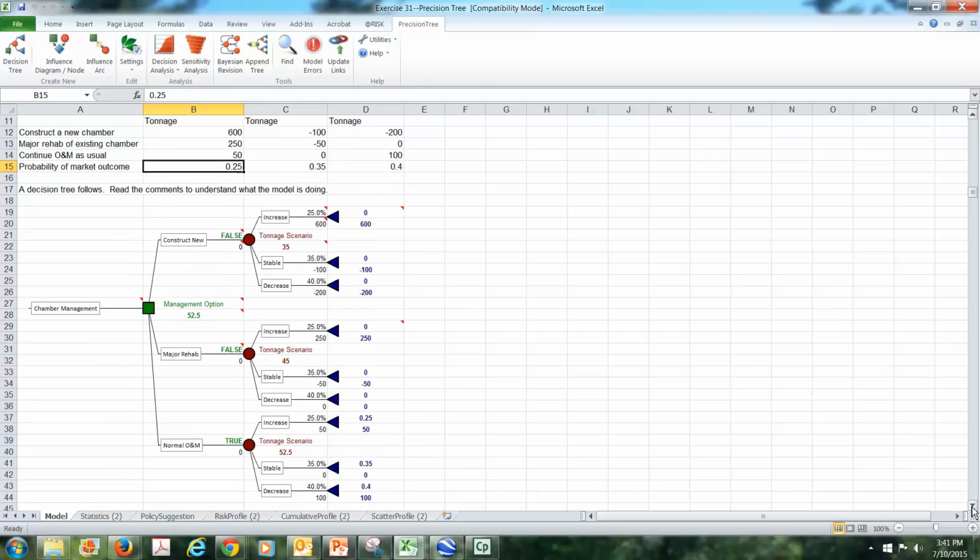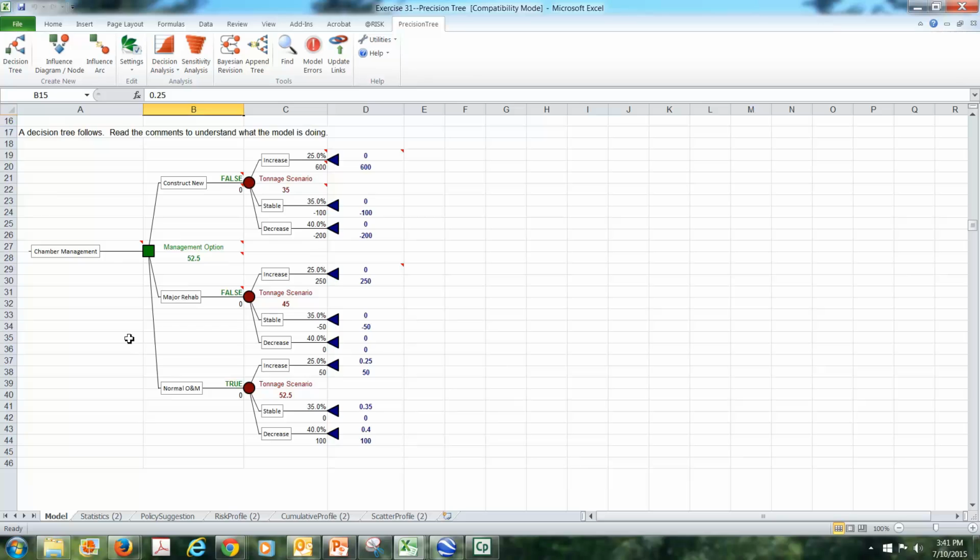So you've worked a little bit with PrecisionTree, so I'm going to work with a completed tree here. I started off, I created a new model, I called it chamber management, and my first node was a decision node. I had trouble saying that, didn't I? With 3 options coming off of it: construction, new, major rehabilitation, and normal operation and maintenance.